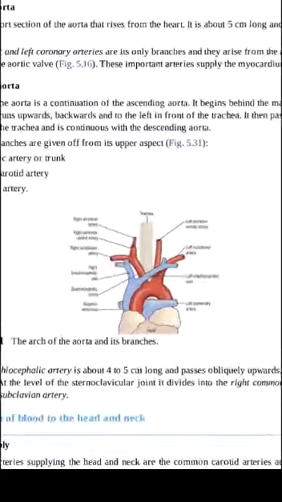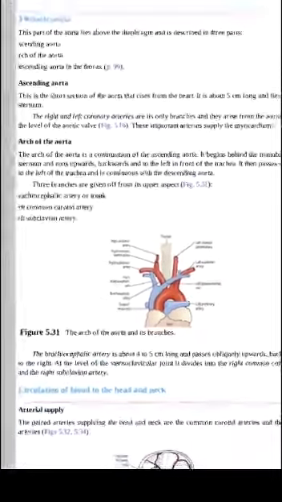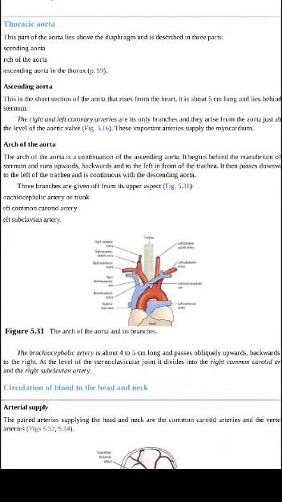First one is the ascending aorta. Now look at this diagram. This is the short section of the aorta that rises from the heart. It is about 5 centimeters long and lies behind the sternum. Ascending means it is going upwards.